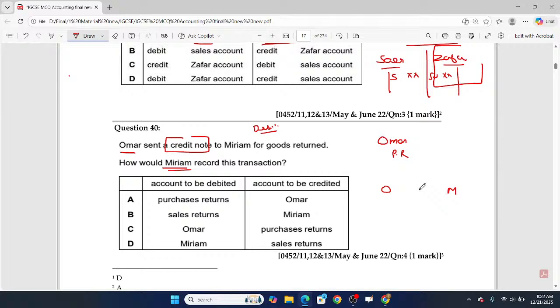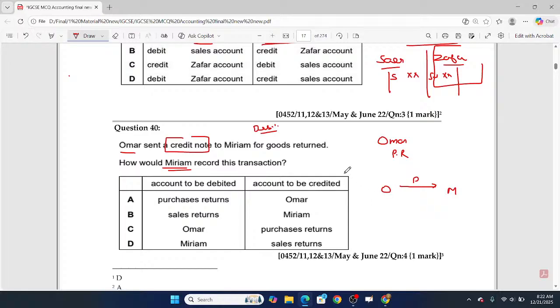Imagine now, Mariam might have already purchased goods from Omar. Then the entry in the books of Omar being sales.